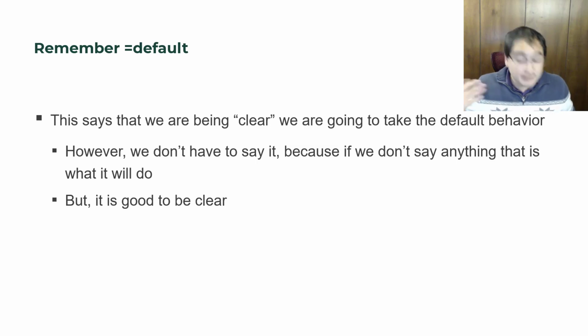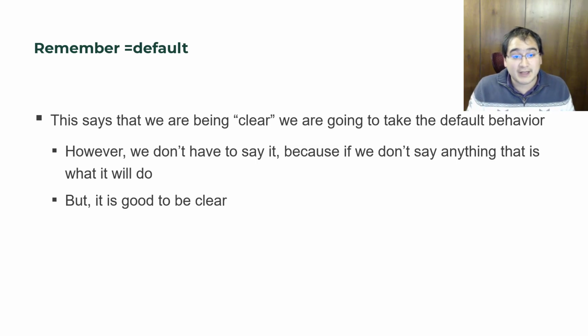However, it's good practice, if you're relying on C++ providing these functions, to be explicit about it. It's a good idea to say, yes, I know my class needs to be copied, and I'm going to say it's equal to default so that anybody reading my code knows that this is a method that I've given some thought to and it should be provided.